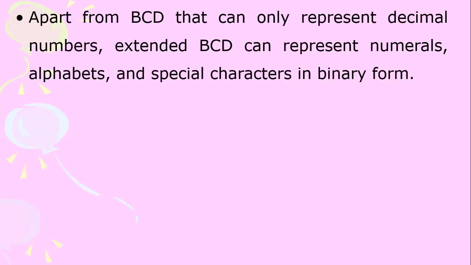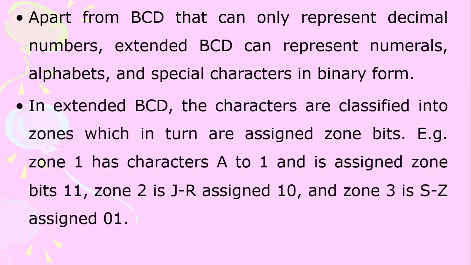Apart from BCD that can only represent decimal numbers, extended BCD can represent numerals, alphabets, and special characters in binary form. In extended BCD, the characters are classified into zones, which in turn are assigned zone bits.